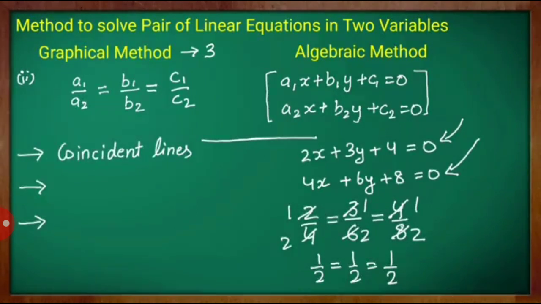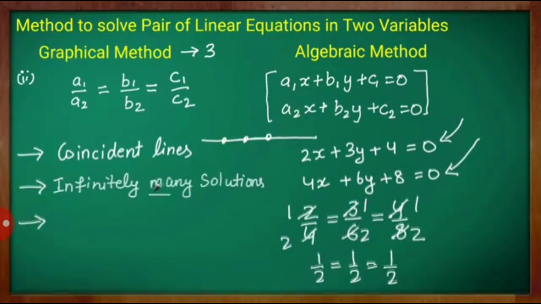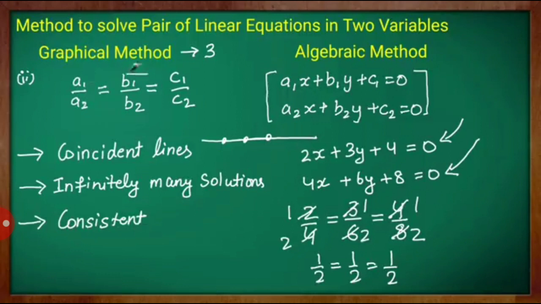If one line lies on another line, they are coincident lines. Actually both the lines have so many points, it means infinitely many solutions can be formed. As we know, pairs of linear equations are consistent if there is at least one solution, and here there are so many solutions, so it is also consistent.